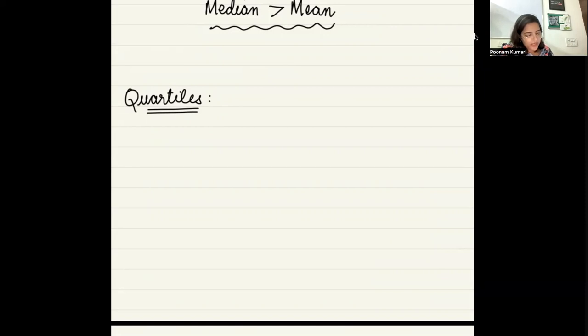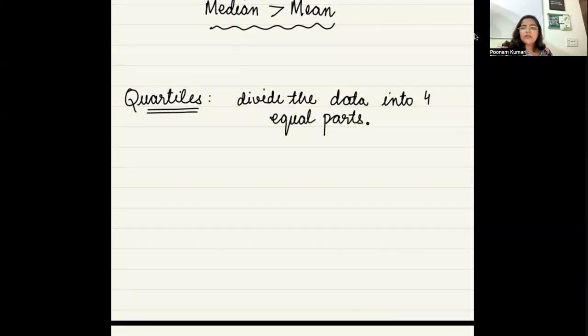So what is a quartile? If you divide the data into 4 equal parts, you get quartiles. So how many quartiles will you have?